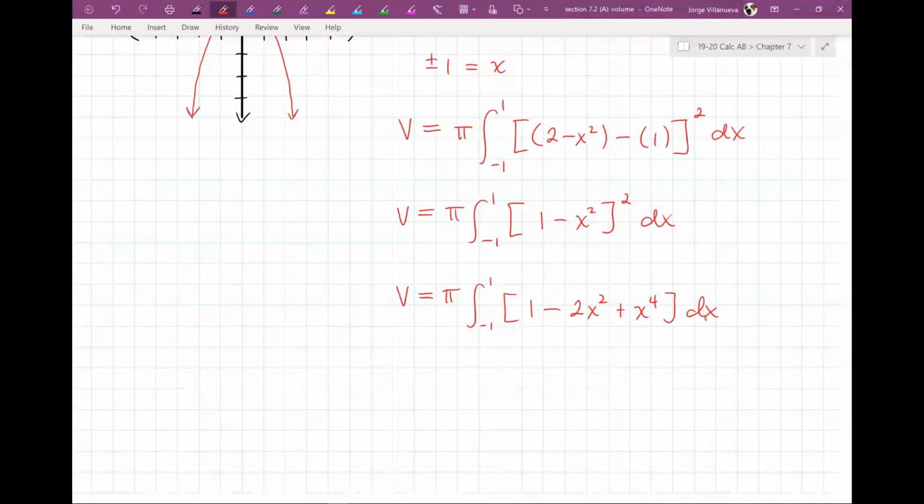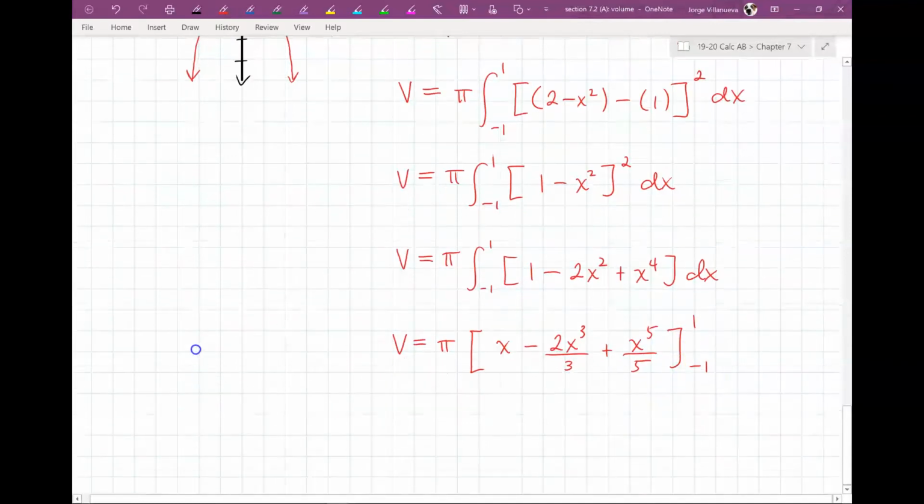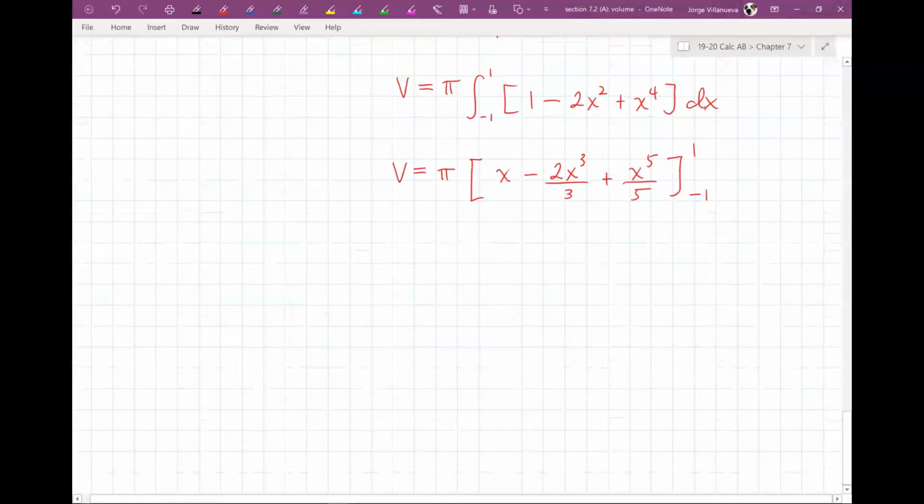So now we can integrate. And again, this is a lot faster when you just plug it into a calculator. It's x minus 2x cubed over 3 plus x to the 5th over 5, from -1 to 1. And now plug in your numbers and work it out.